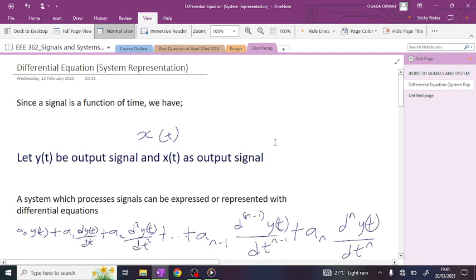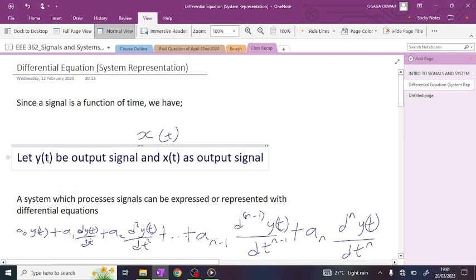Note that a system processes or operates on signals. So recall that a signal, like I just wrote down here, since a signal is a function of time, we have x of t. That means x is a function of t. So that means x of t is a signal.